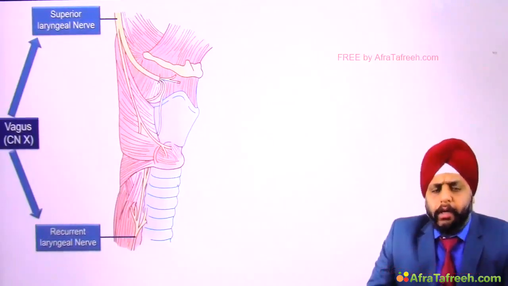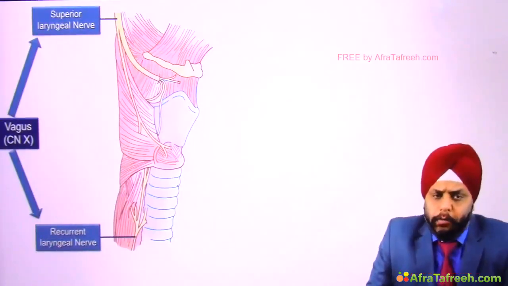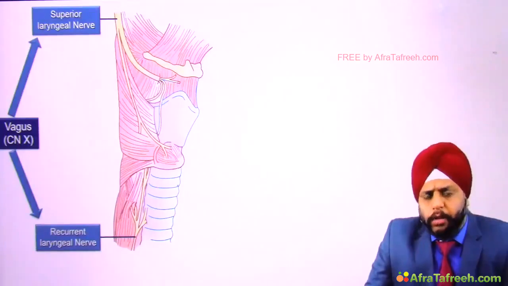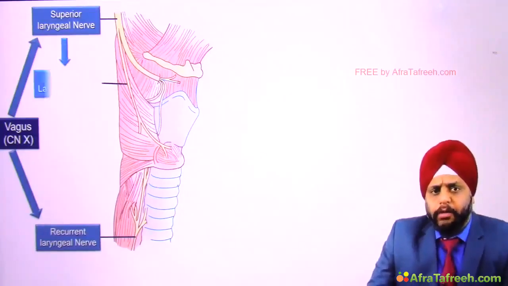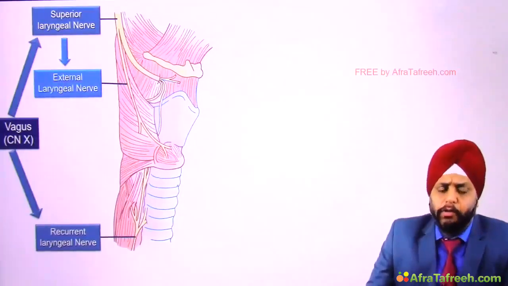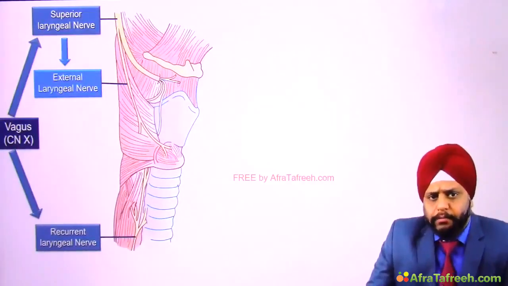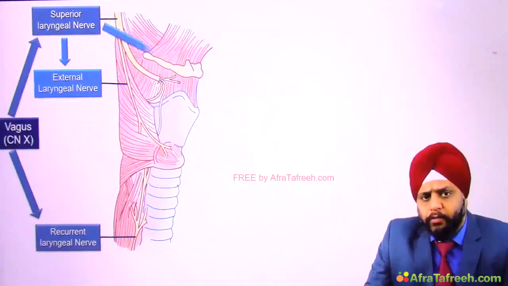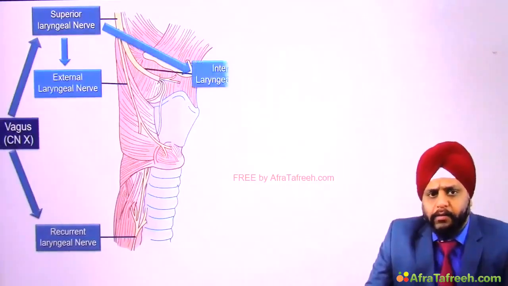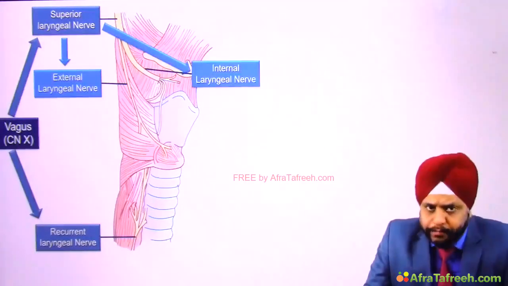You see the superior laryngeal nerve near the hyoid bone further divides into two branches. The external branch, which remains outside the larynx, is known as the external laryngeal nerve. And there is a branch which goes inside the larynx, that is known as the internal laryngeal nerve.